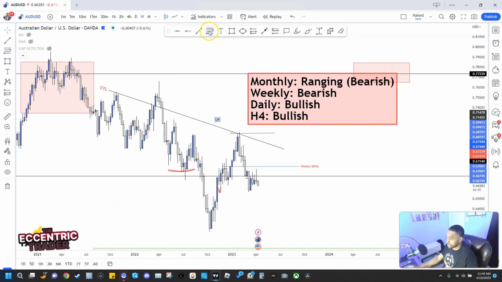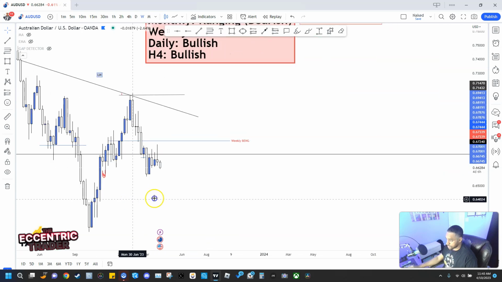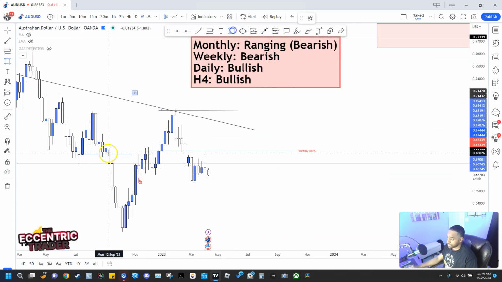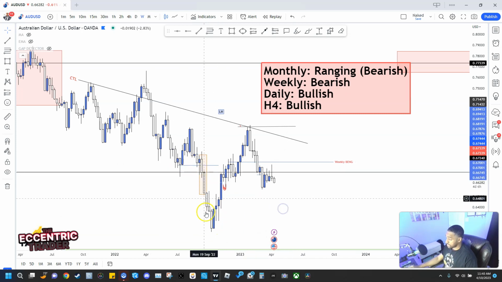Matter of fact, let me create a point of reference. I'm gonna delete this. This is the low that was broken. One, two, right? Those are the two candles that broke this low to make price come down this far, right? Then price came back up to test newfound resistance. All of this up here is resistance.